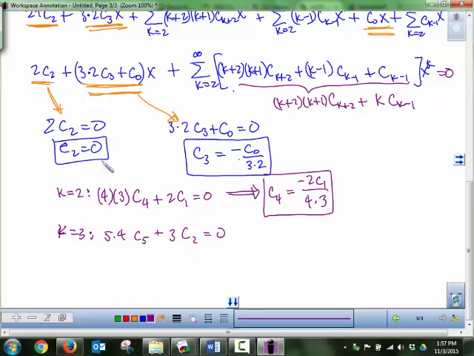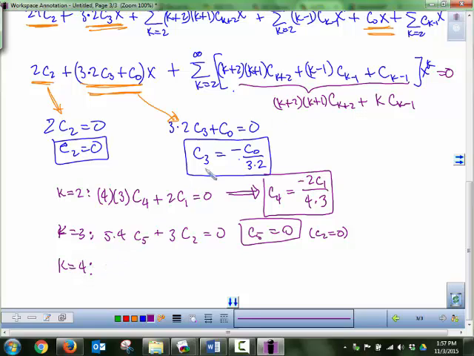We know that c sub 2 is equal to 0, so I'm not even going to mess with this. So c sub 5 is just going to equal to something with a c sub 2 in it, so that looks like it's gone. All right, next, k is equal to 4.